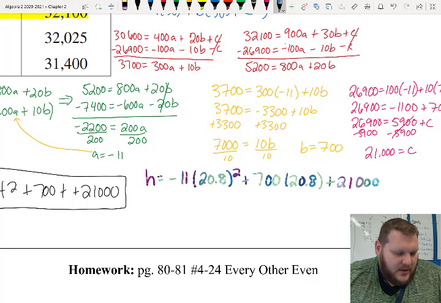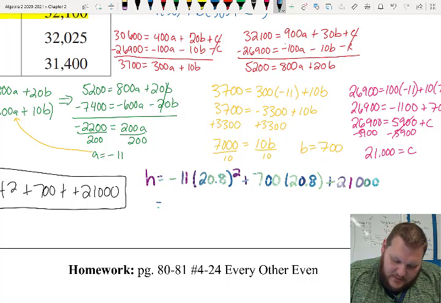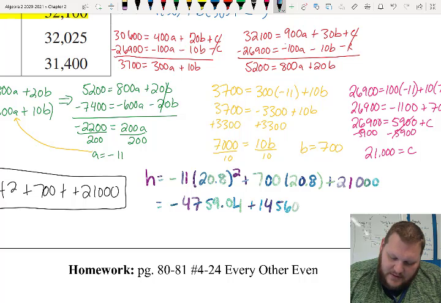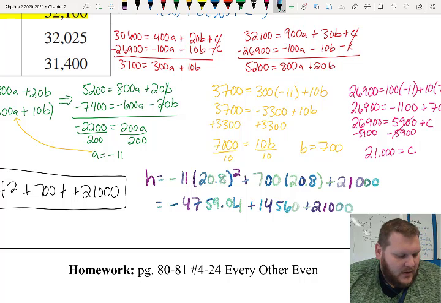20.8 squared times negative 11 is negative 4759.04. 700 times 20.8 is 14,560 plus 21,000 minus my 4759.04.